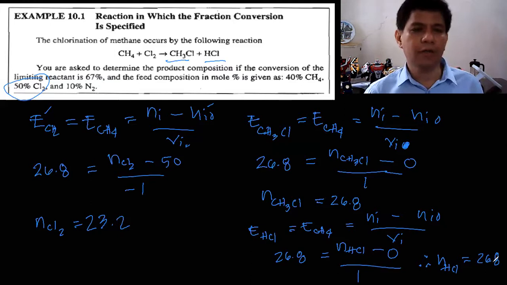So we have calculated the number of moles in the product for each chemical species. The problem asks for the product composition.